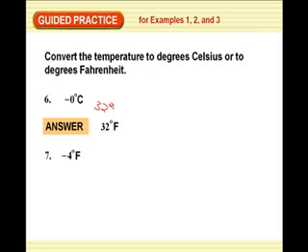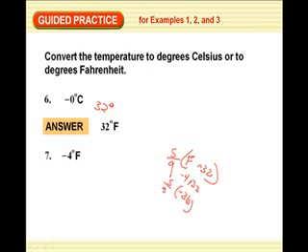So Fahrenheit to Celsius is 5/9 (F minus 32). So you put F in there, negative 4 minus 32. So it would be negative 36 times 5/9 over 1. Cancel, that would be negative 4, negative 20.